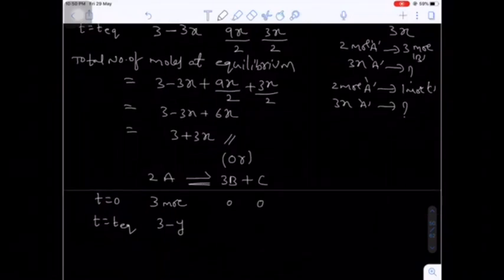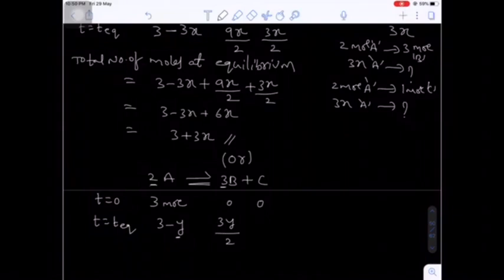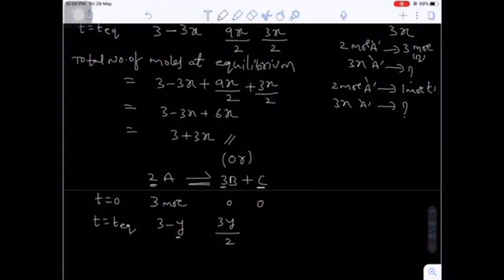Now, 2 moles of A will give 3 moles of B. Then Y moles of A will give how many moles of B? 3Y by 2. Are you getting my point? 2 moles of A give 1 mole of C. Y moles of A give how many moles of C? That is Y by 2.